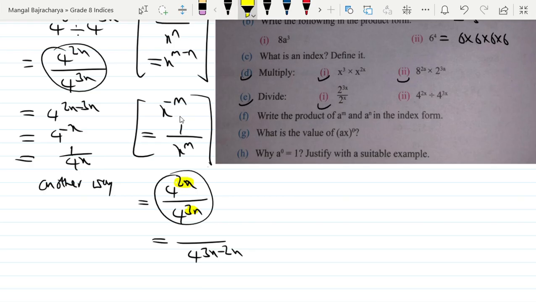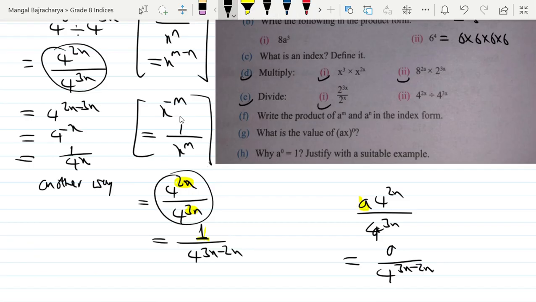Alright, and now what we have to keep above is 1. If some value is already there in the numerator, the same value will be kept. Just like if there was a into 4 power 2x by a 4 power 3x, then 4 power 2x, which is the smaller one, we bring down for subtracting, and above there is still a remaining, so that a we would keep.